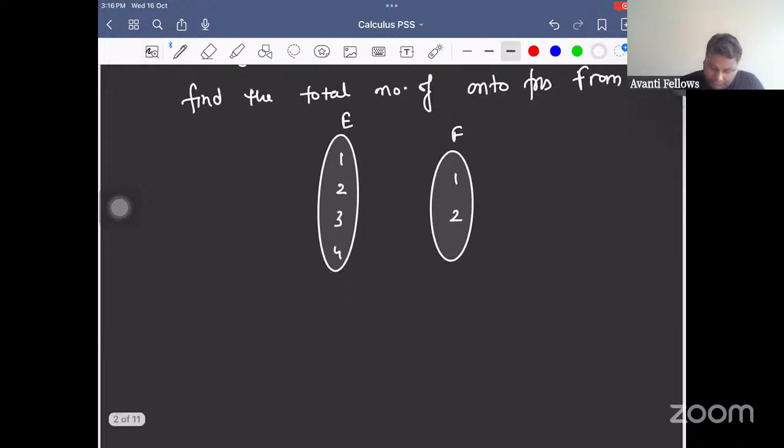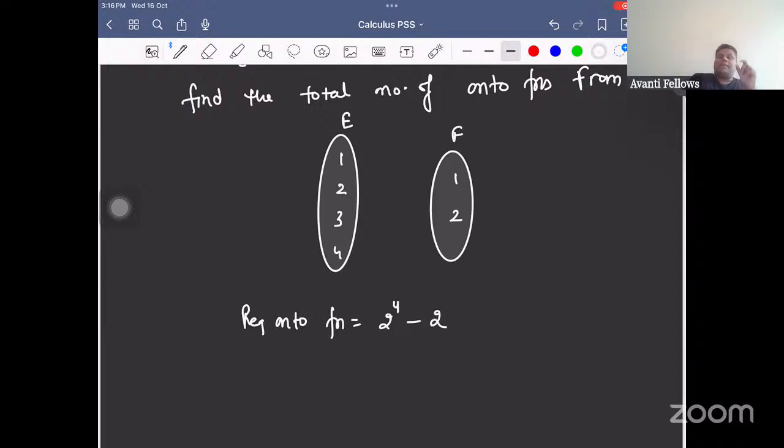So the required onto functions are like this: 1 has two ways to get an image, 1 or 2. 2 again has two ways, 3 has two ways, and 4 has two ways. So it is 2 to the power 4 minus. Now subtract two cases. Which two cases?